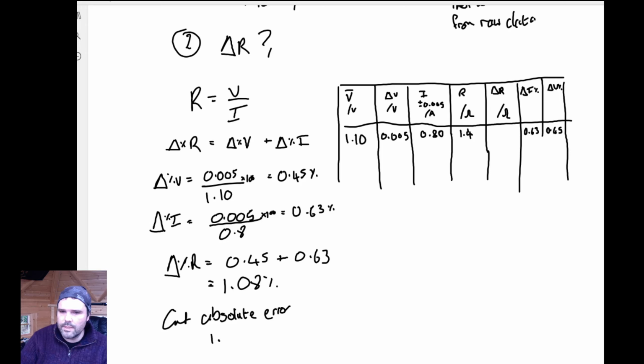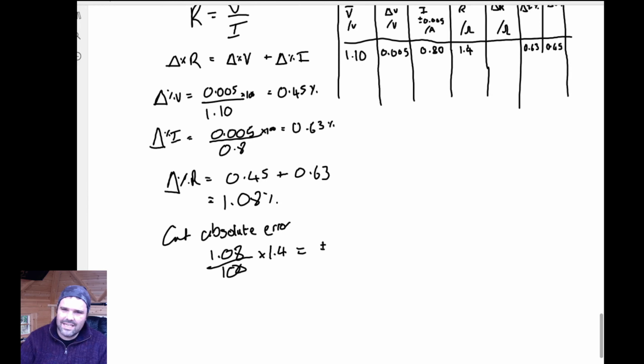So 1.08 out of 100 times 1.4 gives me an error of 0.01512.